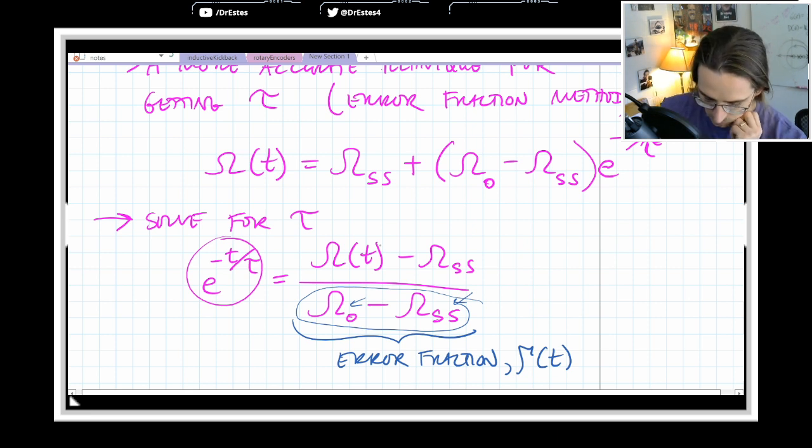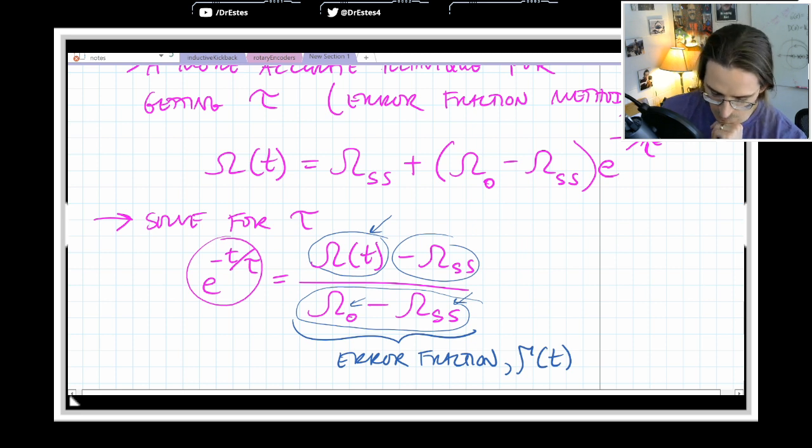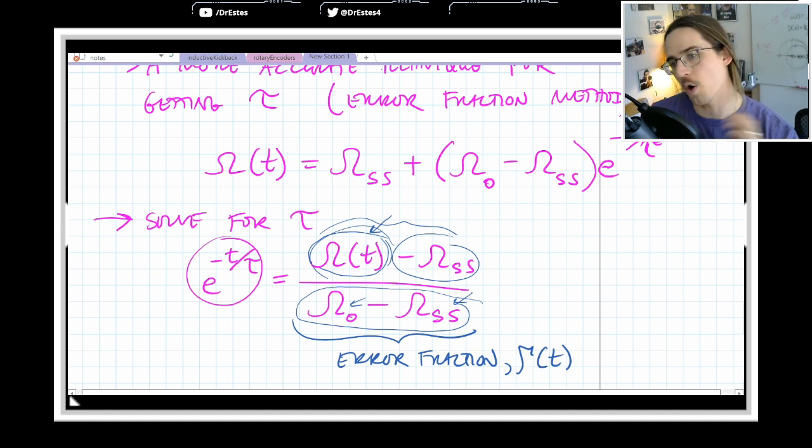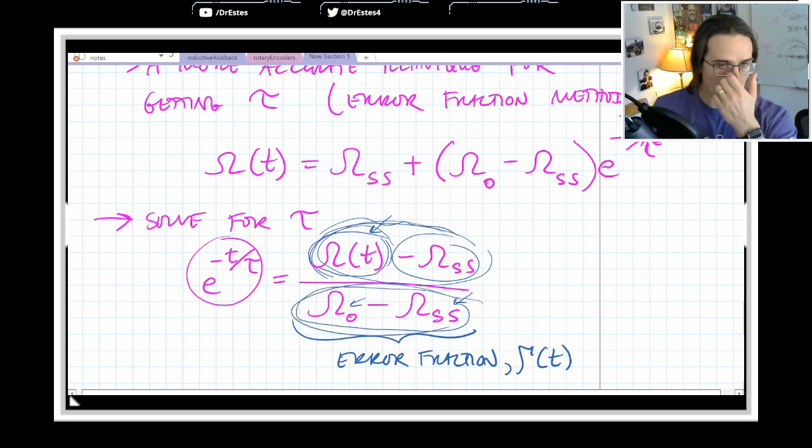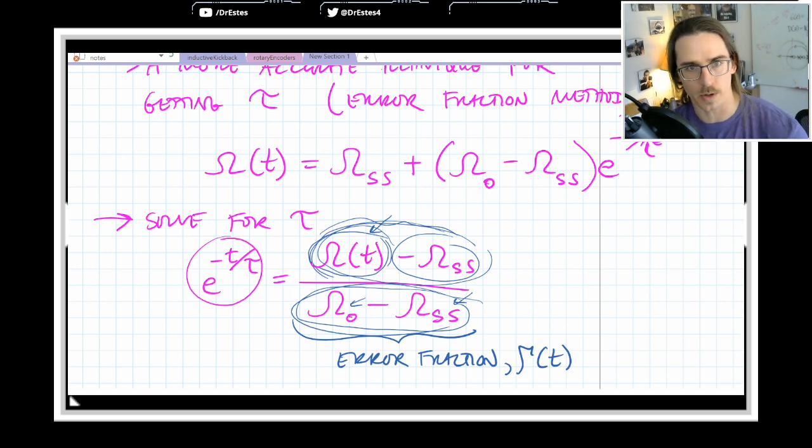The numerator is the response as a function of time compared to the steady state value. We know that the angular velocity is always getting closer to its steady state value, so this term is shrinking, and we're just comparing that term to the denominator. And so it's getting closer. So the error fraction starts large and then it gets smaller.